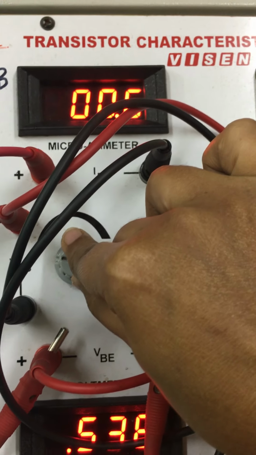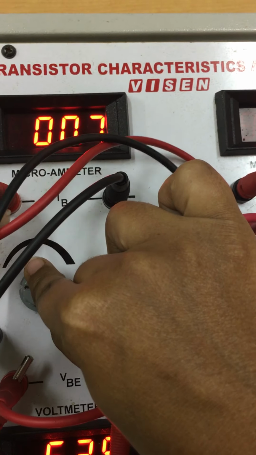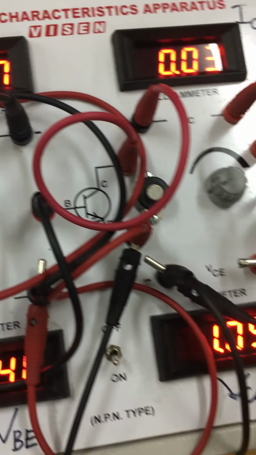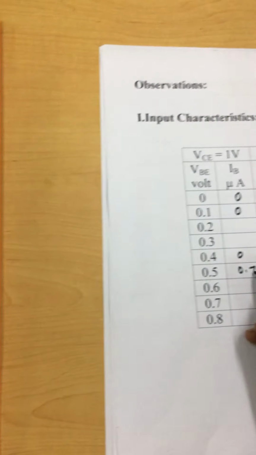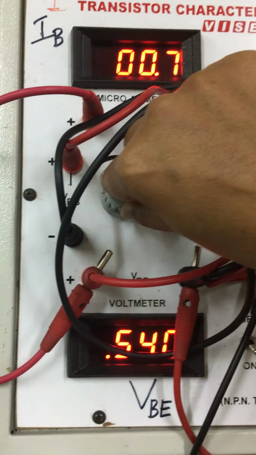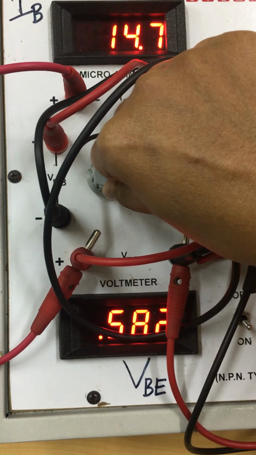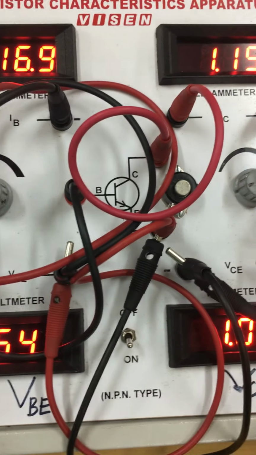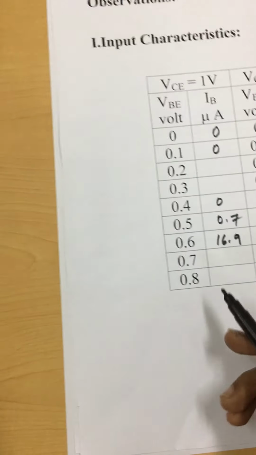0.5. I'm getting some reading. So around 0.7. So until 0.4 it was 0. For 0.5 I got around 0.7. That reading I will write. Now I'll increase the voltage to 0.6. At 0.6, around 16.9, I am getting that value and writing it here. Then I'll increase to 0.7.